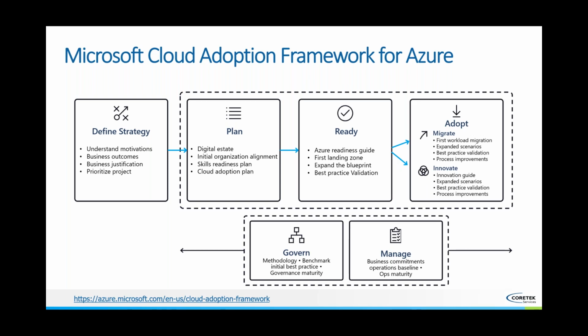And we'll get into a little bit more information on what our exact approach is for the migration in the next phase of our Coretek discussion. But ultimately, it gives you the ability to truly identify migrations and innovation plans. And then ultimately, this CAF gives you your governance plan, as well as how you are managing your environment.